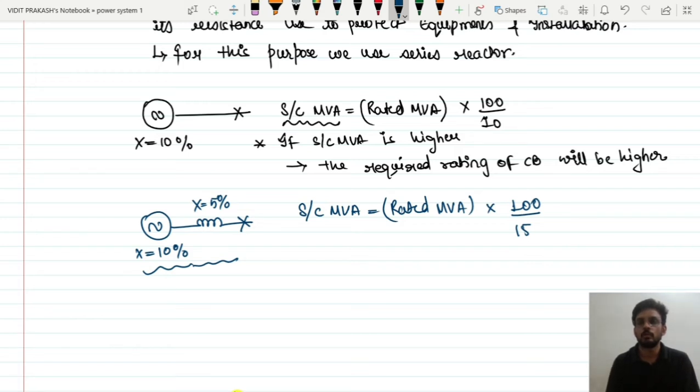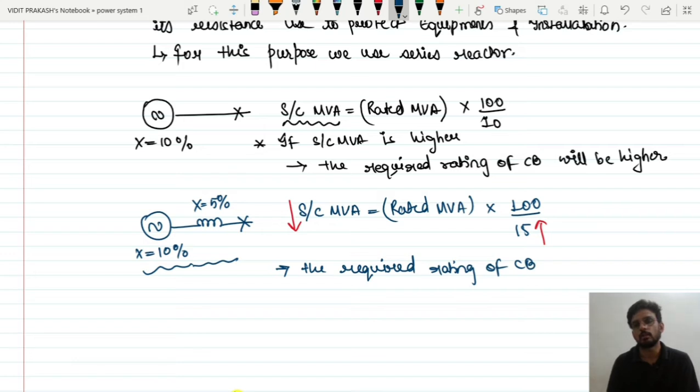Now this percentage reactance increases, right? So because of that, the short circuit MVA value will decrease. If the short circuit MVA value decreases, the required rating of circuit breaker will be less.